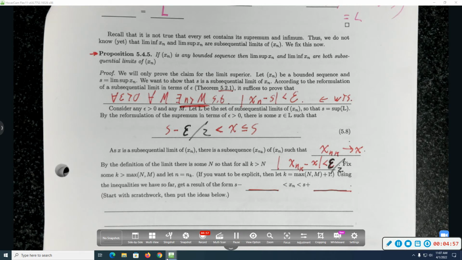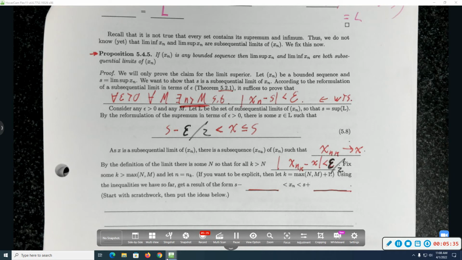So in the notes, that puts us here. I know x is a subsequential limit. In fact, maybe I'll deviate from what's up there just a little bit.